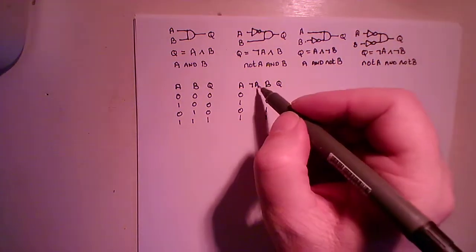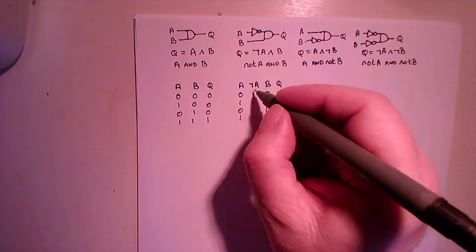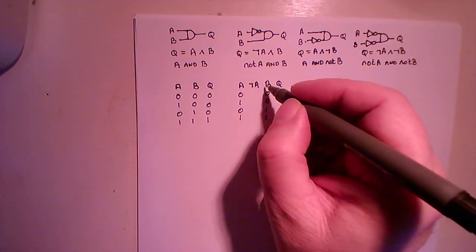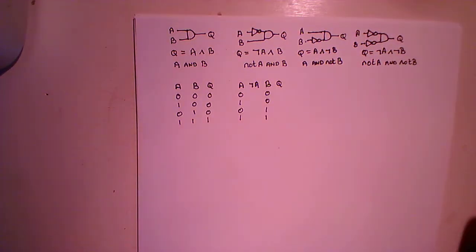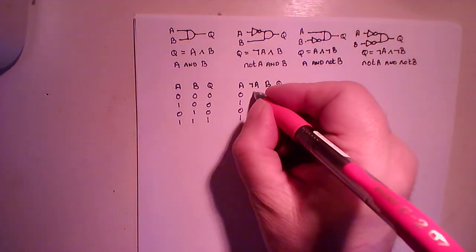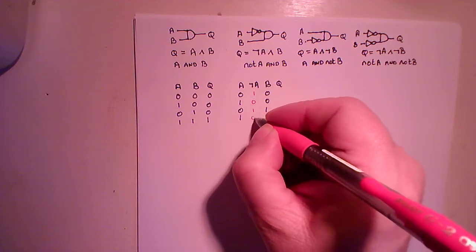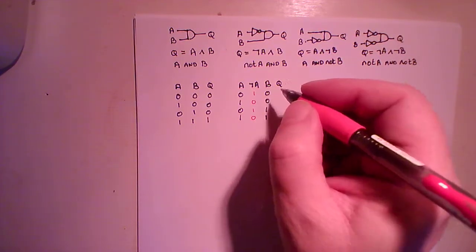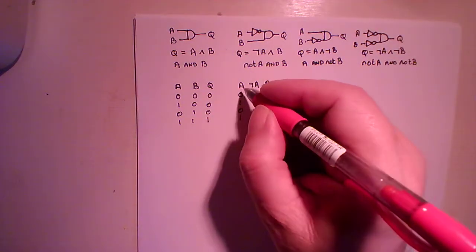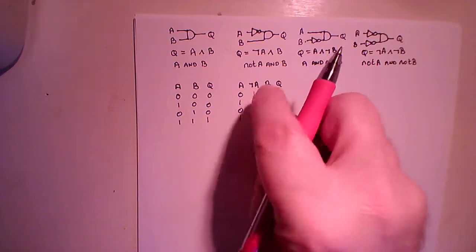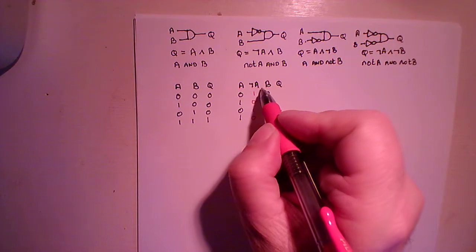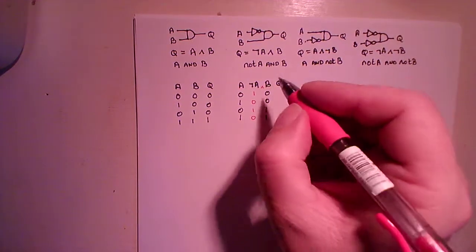But what I'm going to AND is not the A and the B, I'm going to AND these two together. So I want to work out what NOT A is first, and NOT A is just the opposite to A, so that would be a 1, a 0, a 1, a 0. So I've worked out my NOT A. Then I'm just going to ignore this column here and just work on these two here. So I'm just going to do the A and B.